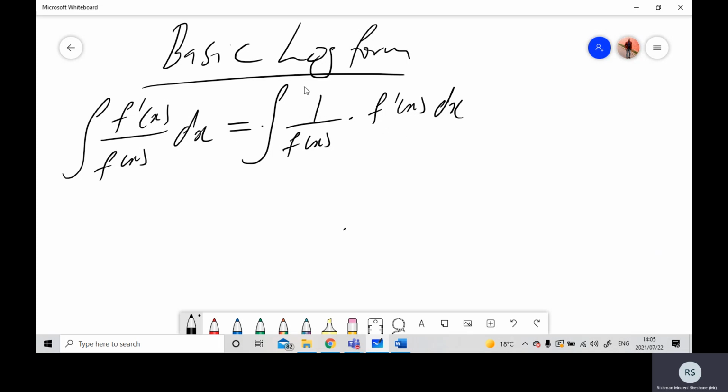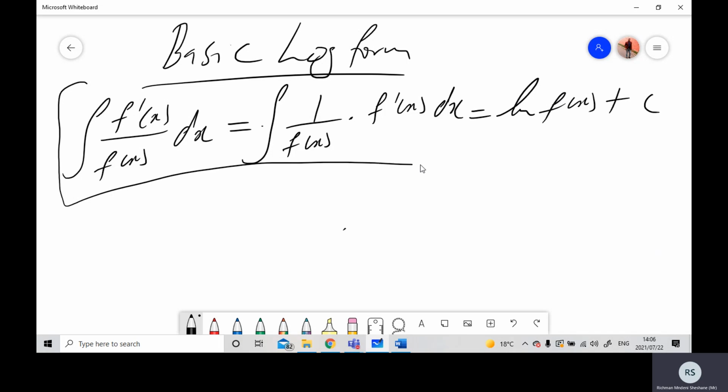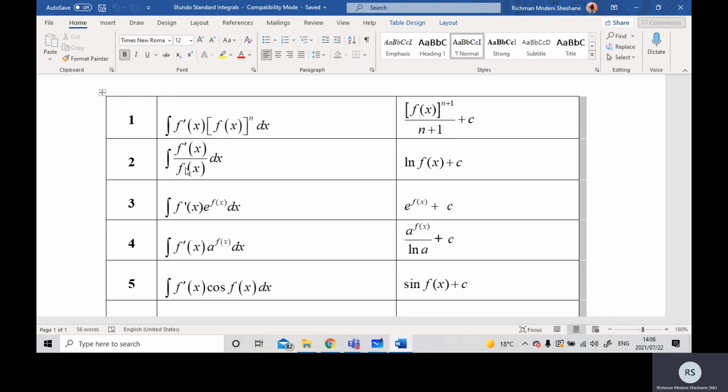This means the same thing. So we say the integral of this form is ln of f of x plus c. As we see in this second standard integral, the integral of this form is ln of f of x plus c.